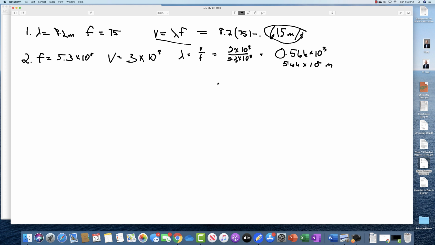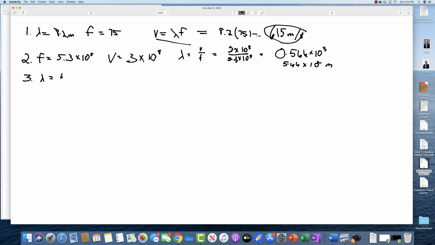The last problem on this page: what is the frequency of a wave with a wavelength of 6 centimeters and a speed of 330 meters per second? So that's the speed of sound. 330 meters per second is the speed of sound at 0 degrees. So we have a wavelength of 6 centimeters.